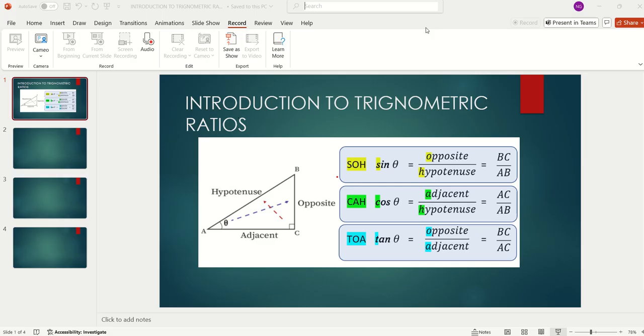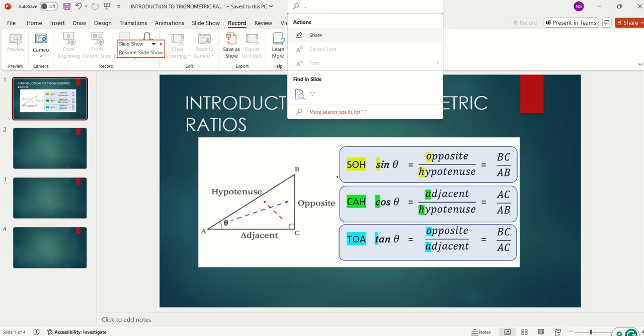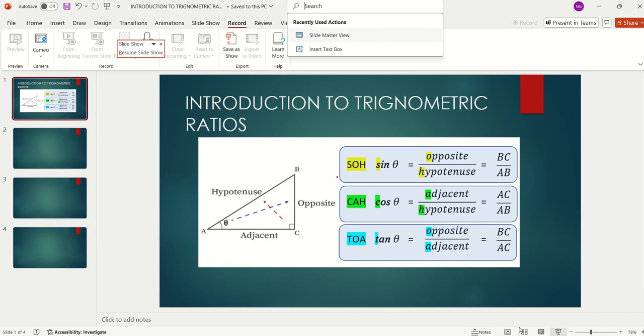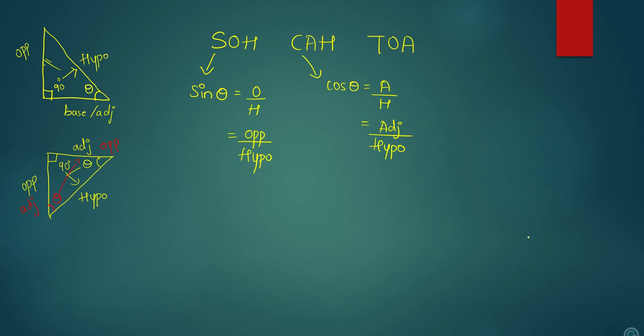Similarly, when we come to the third one, T stands for tan of the angle theta, which is defined as O by A, where O stands for the opposite side and A stands for the adjacent side.